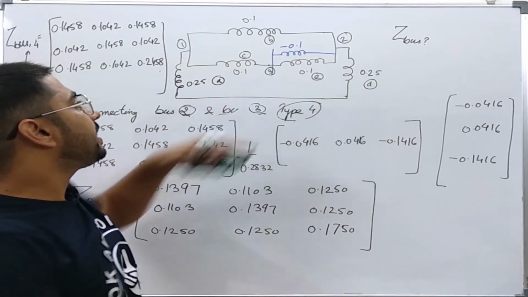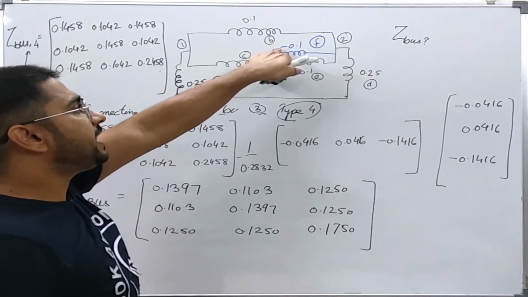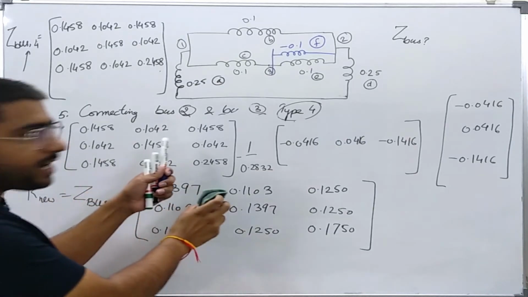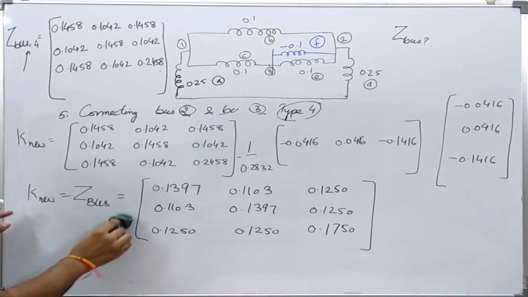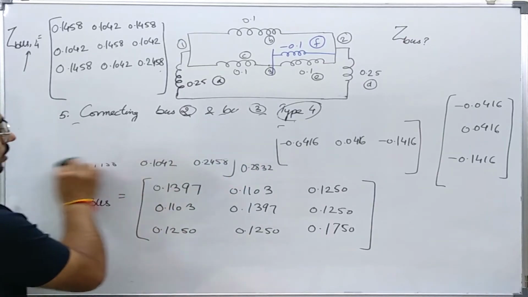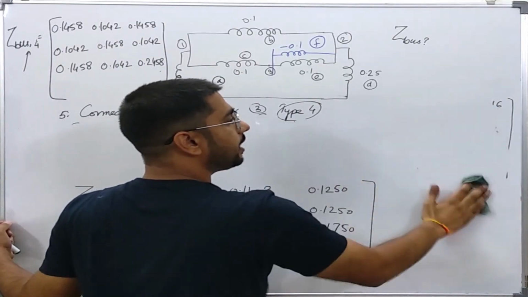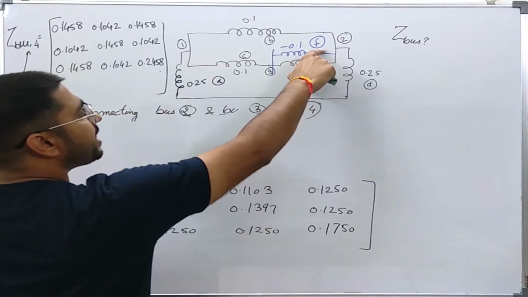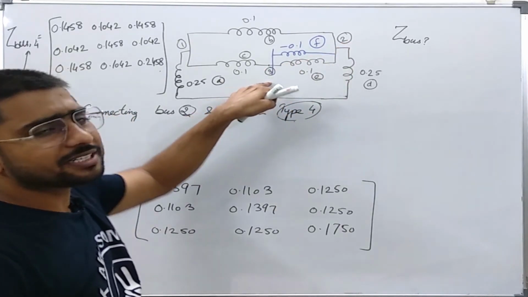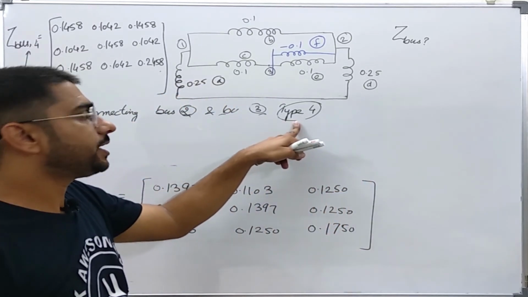So this line, let us say element number F, will be added having an impedance of minus 0.1. Up to this point this network had this impedance matrix. Adding element F is nothing but adding an element between bus number 2 and bus number 3.